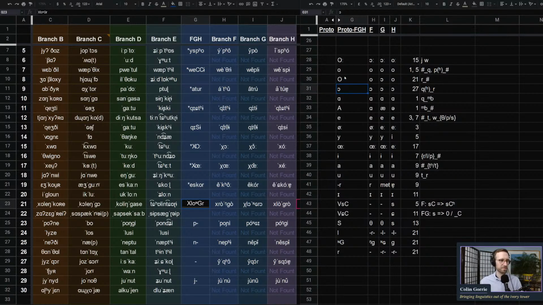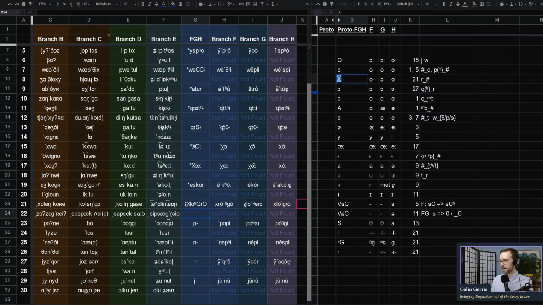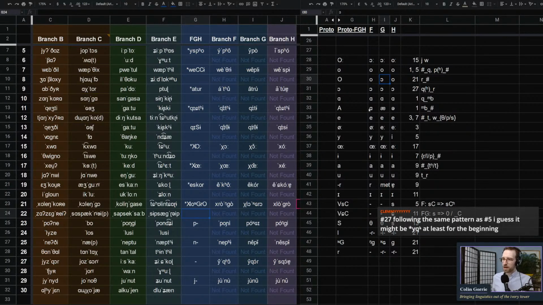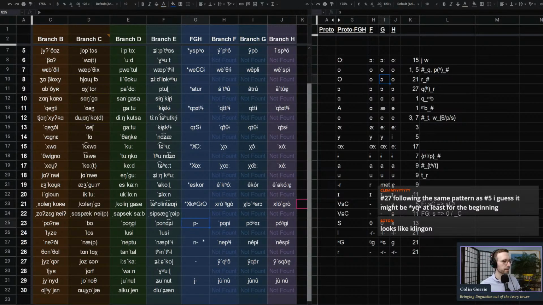Maybe we could call it capital O for now. Something like this. So that's a bit algebraic. But you know, we'll have to just deal with it for now. Quain, do you think it's some effect of the R on the quality of that vowel? I think that's plausible.